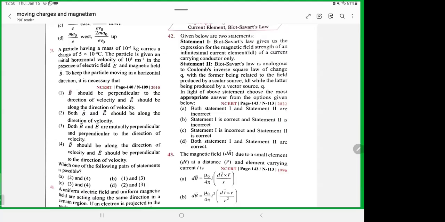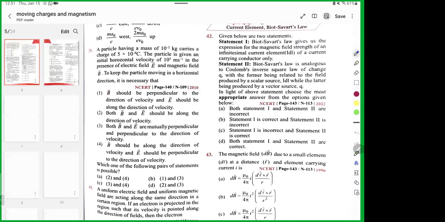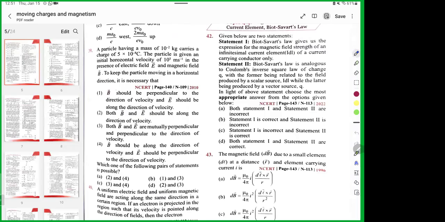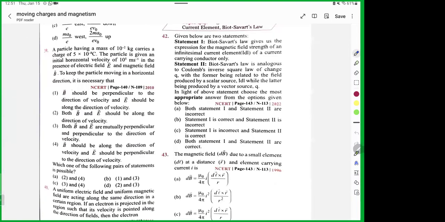Is this correct? Statement 1. The answer is it is correct.